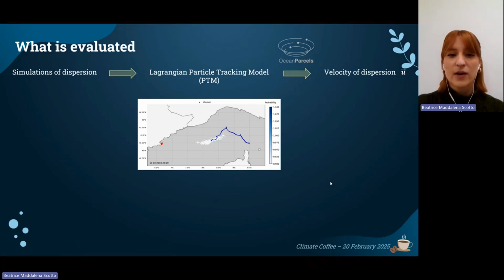And we can also evaluate other properties from this. And so we did.